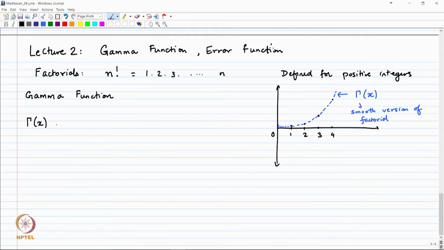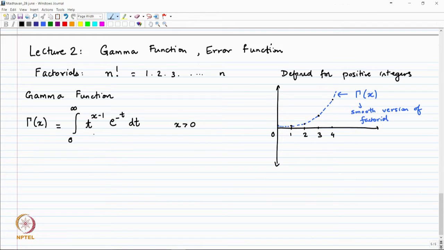Gamma of x, where x is the variable of the function, is defined as the integral from 0 to infinity of t raised to x minus 1, e raised to minus t, dt. This is the definition strictly for x greater than 0.